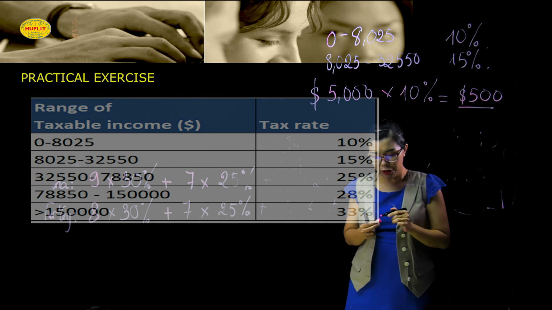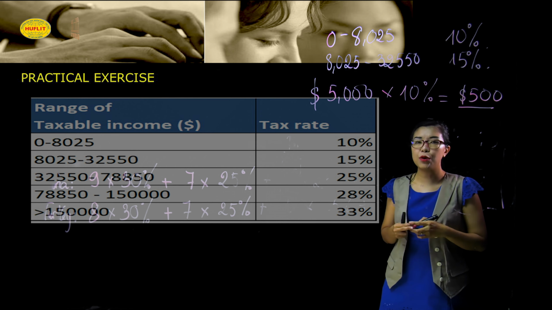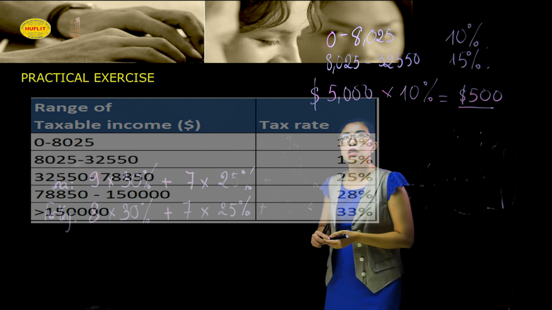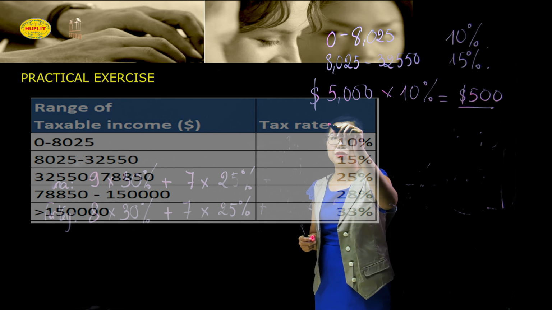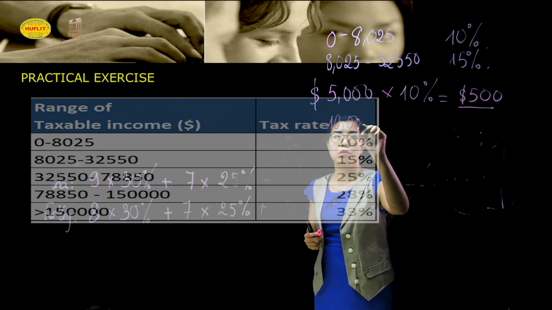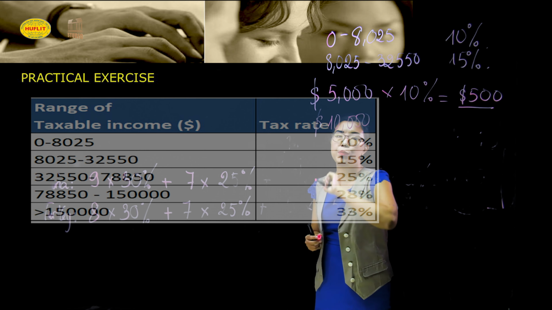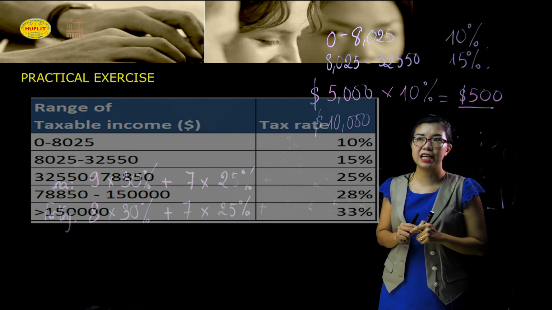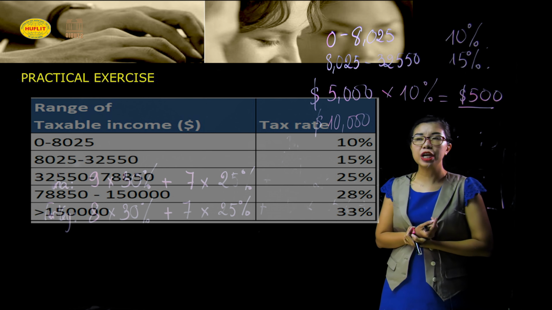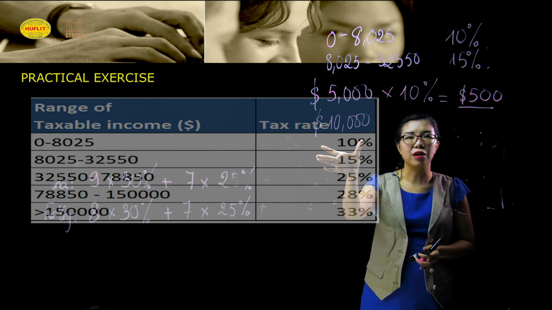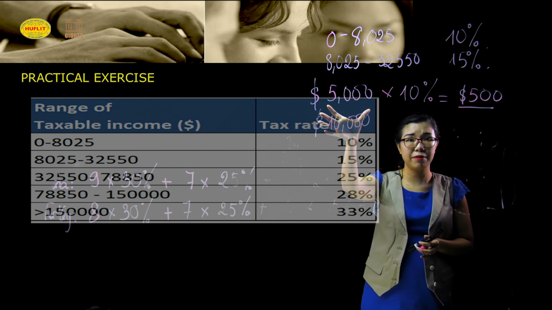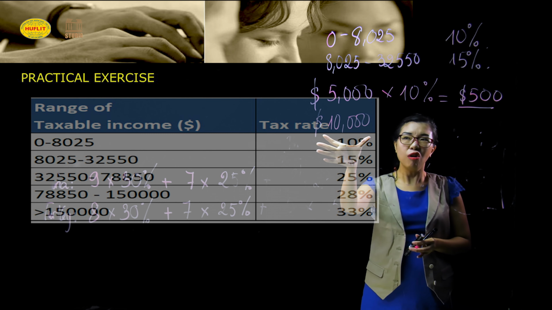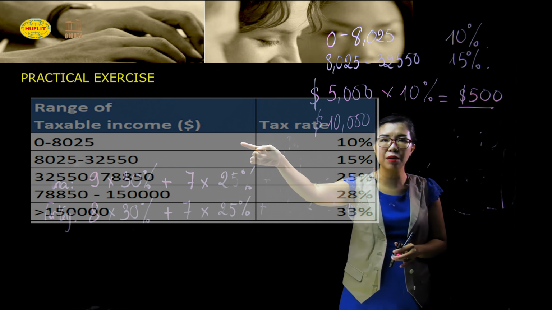Okay, so this is the tax I need to pay to the government. The next question I want to ask you: if I earn $10,000, how much do I need to pay to the government for the personal income tax? If we check, we think it's going to look exactly the same as $5,000. We say, oh, $10,000 belongs to the second bracket here, right?